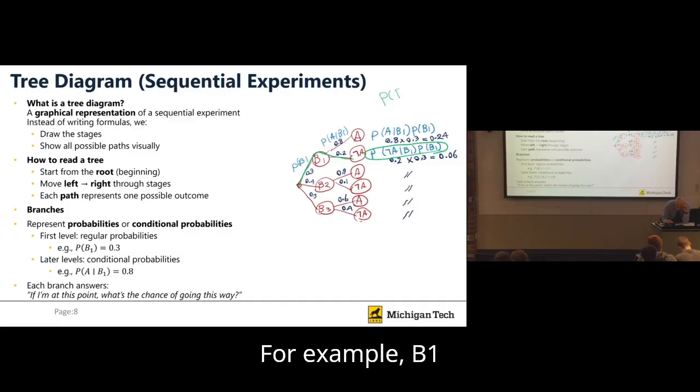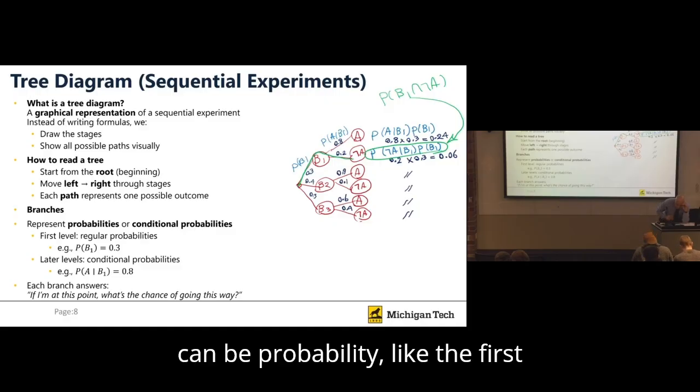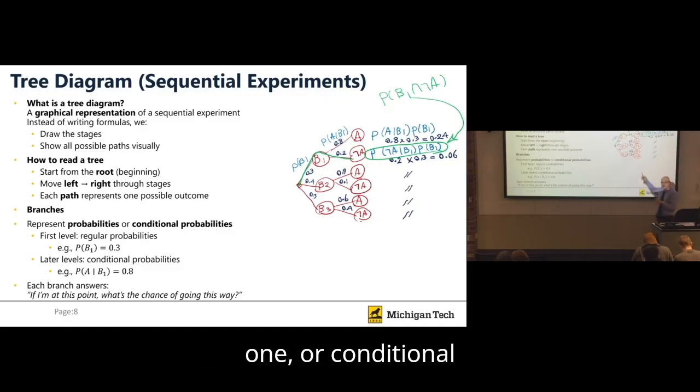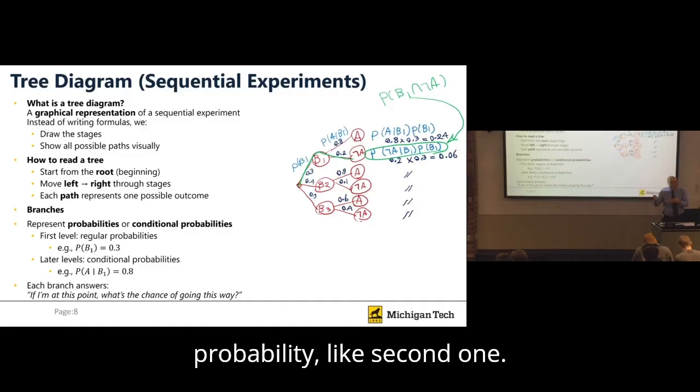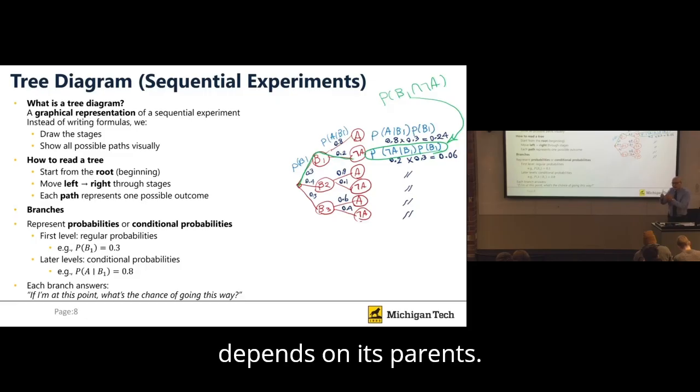For example, P of B1 and not A. So this is coming from that. And branches can be a probability, like the first one, or a conditional probability, like the second one. So it means each node depends on its parents.